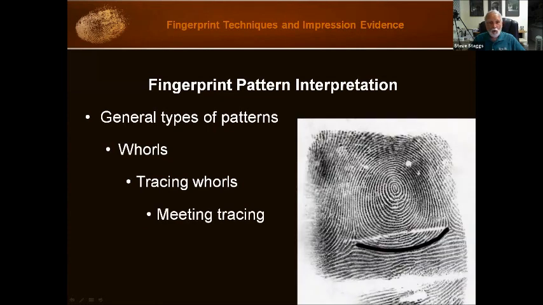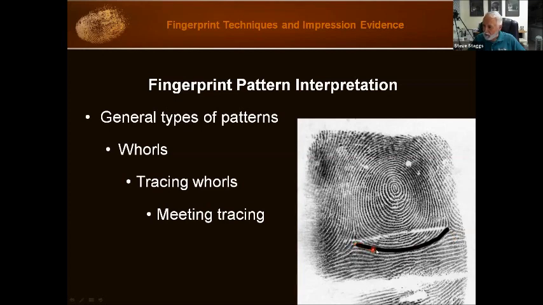All right, one more, and that's the meeting tracing. Now, if you trace and it hits the other delta, or it's less than 3 ridges inside or outside the delta, then it's a meeting trace, or an M. So here we are at this delta, the delta on the left.